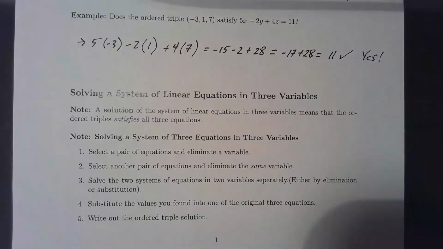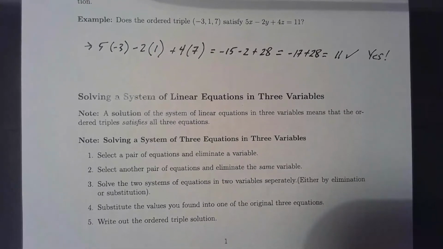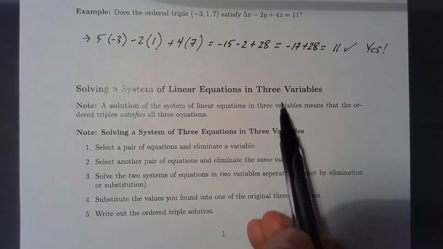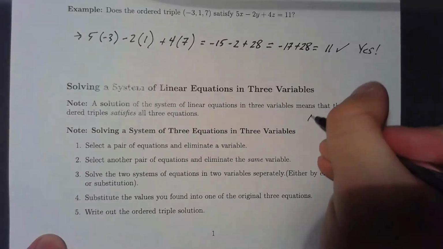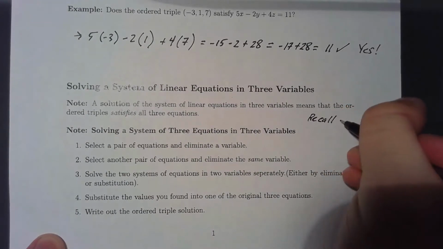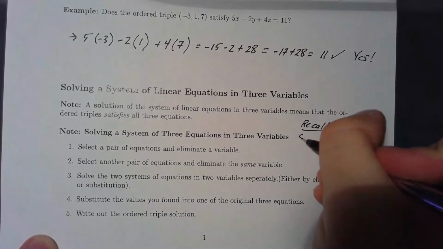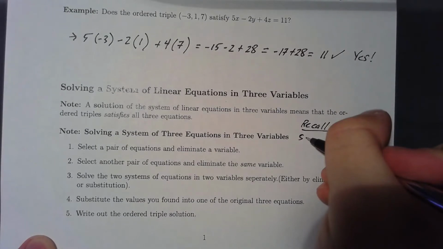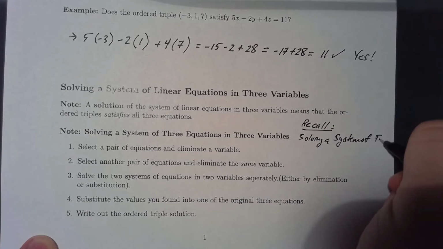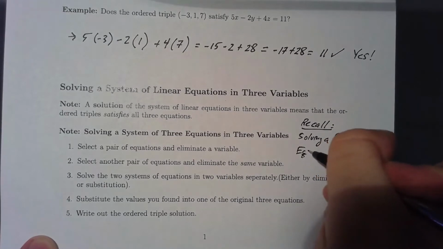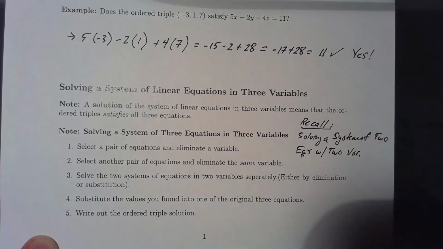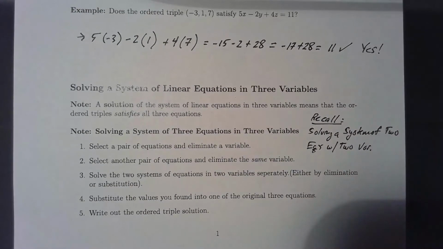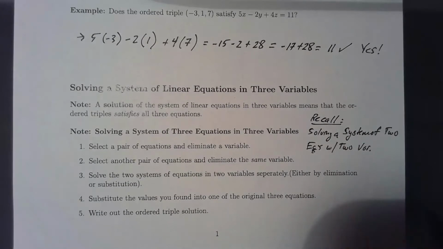Very few surprises there. So how do we solve a system of linear equations in three variables? Well, if you recall, solving a system of two equations with two variables, how did we do this?